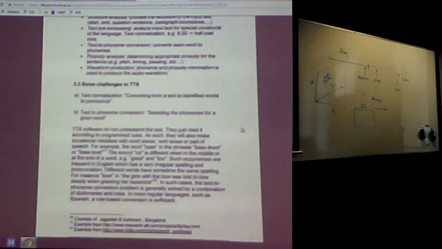It could be a bass drum or bass boat. Bass is a guitar and bass is a fish. Same spelling, different pronunciation. So how does Nuance work out how to pronounce it?